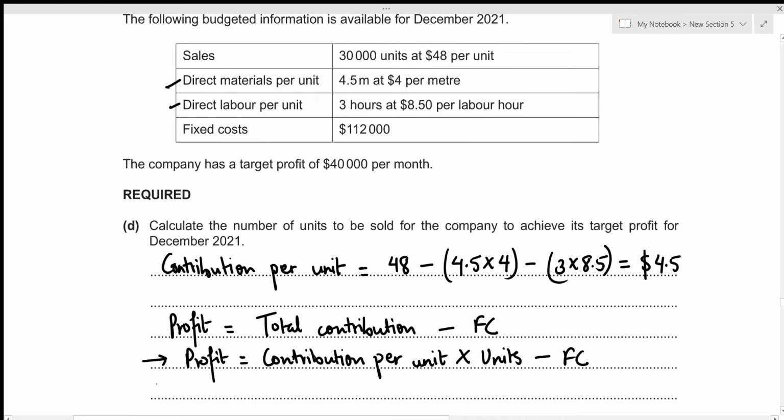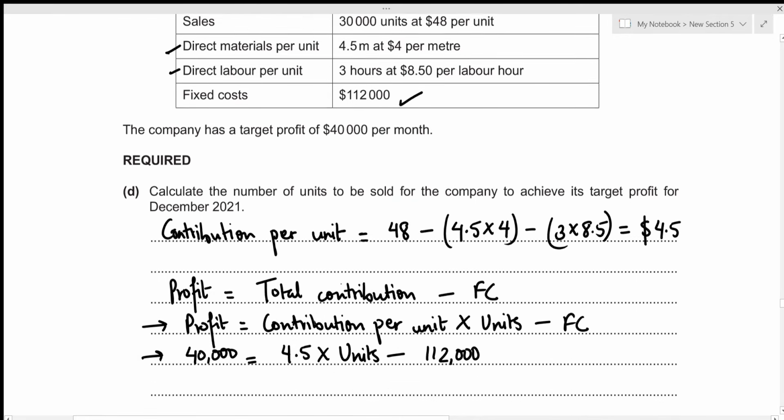So we are already given that we require the profit of 40,000. We know the contribution per unit to be 4.5. We require to find the number of units, and we're also given the fixed cost of 112,000. This is given right here. Now we can just solve this simple equation.